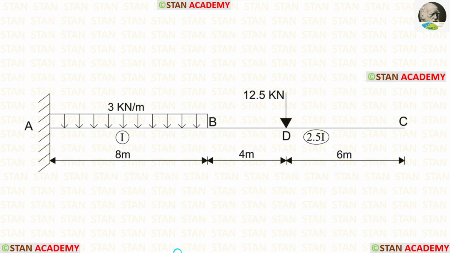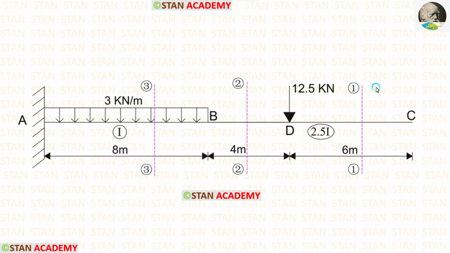To find the moments, we have to make sections. In this beam, there are three different parts: CD, DB and BA. So we have to make three sections. You can see that I have made three sections.